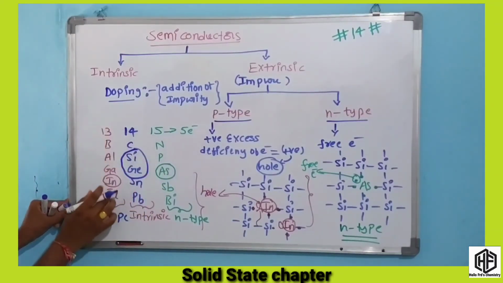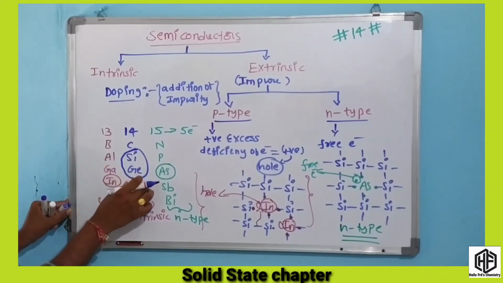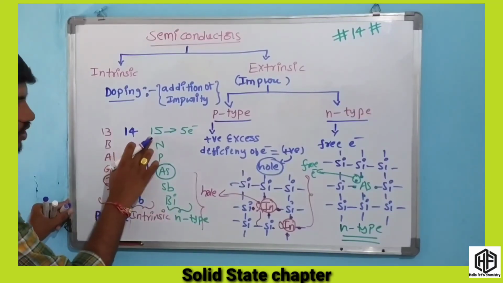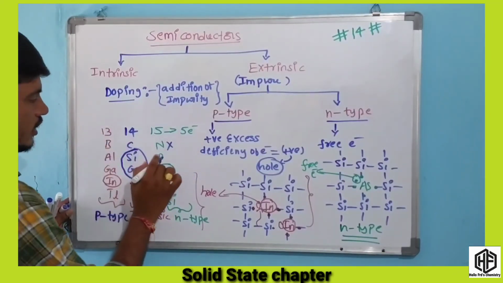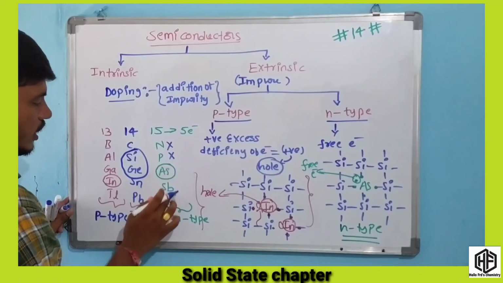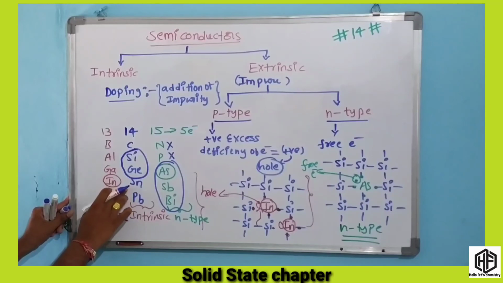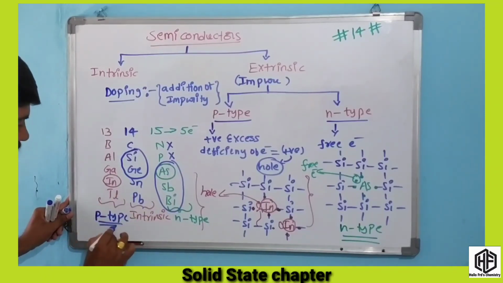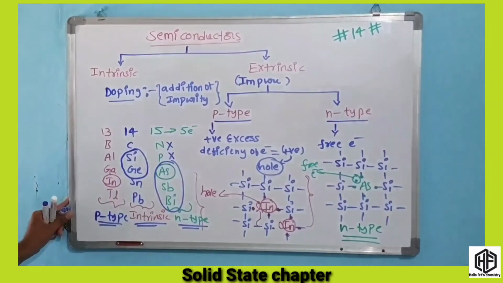Whenever a 13th group element like aluminum, gallium, indium or thallium is added to these 14th group elements, it shows a p-type semiconductor. Among the 15th group elements, nitrogen is a gas and phosphorus is not a semiconductor, but when arsenic, antimony and bismuth are added to these 14th group elements, they show an n-type semiconductor.